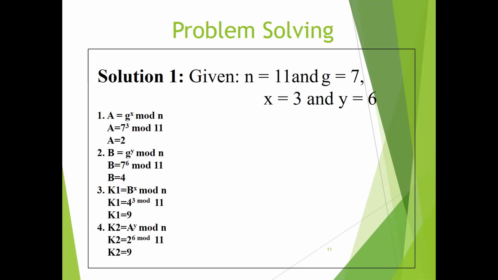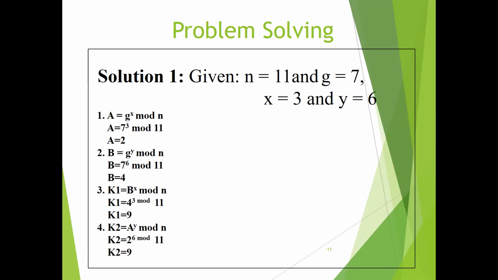As Diffie-Hellman is used for exchanging the symmetric key, we have got our symmetric key value, that is equal to 9. And now this particular value will be used for encryption and decryption purposes.